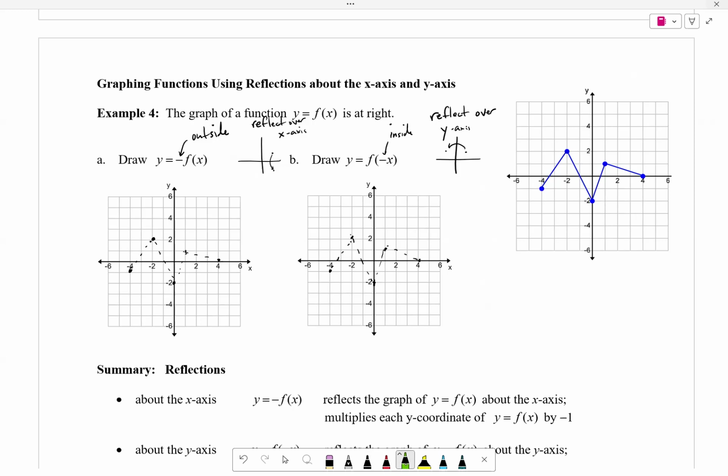Just remember for that first one, the negative is on the outside of the function, so it's affecting the y value. So I'm going to take that leftmost point, which used to be at -4, -1. Now it's going to be at -4, +1. Each one is reflected over the x-axis. The other one that used to be at -2, 2 is now at -2, -2.